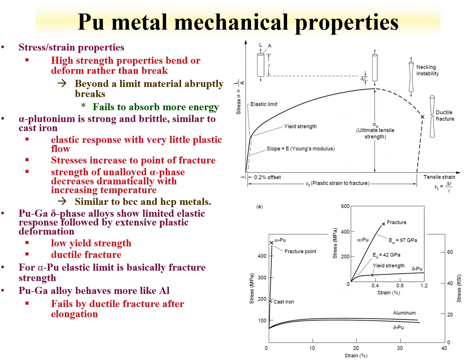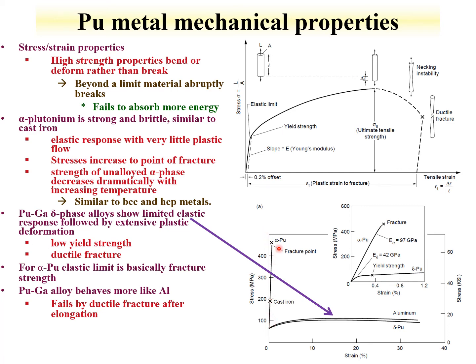As we mentioned at the beginning of this lecture, the physical properties of plutonium metal are of interest. And once the metal is made, we get some mechanical properties, particularly stress-strain. The alpha phase plutonium is strong and brittle, similar to cast iron, as we see from this point.